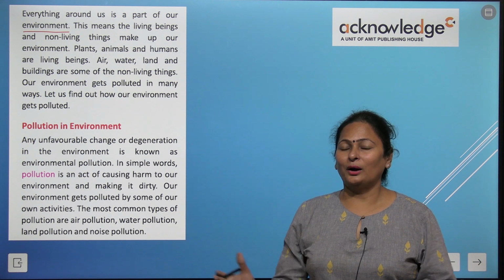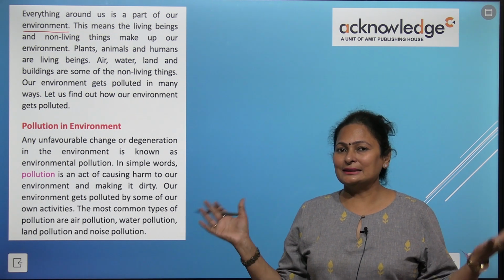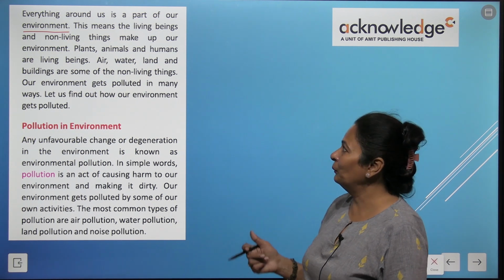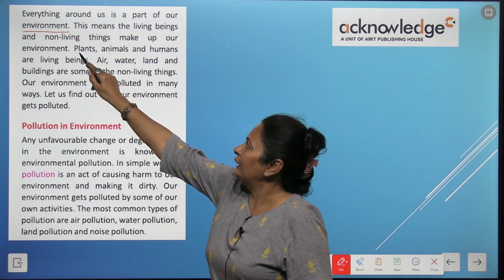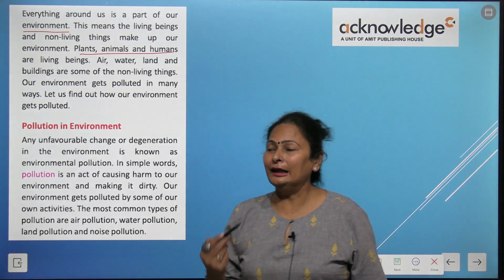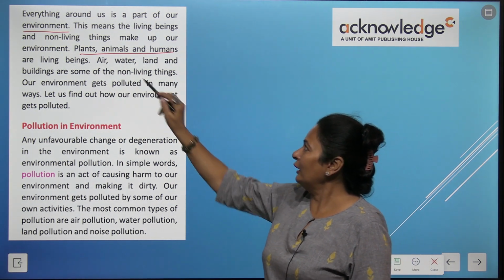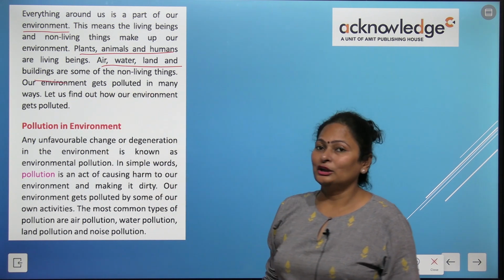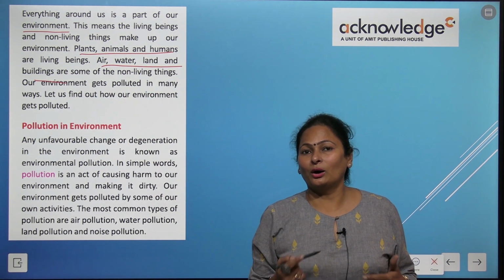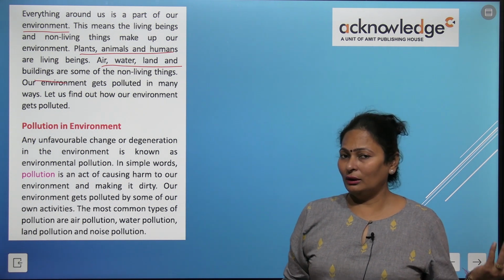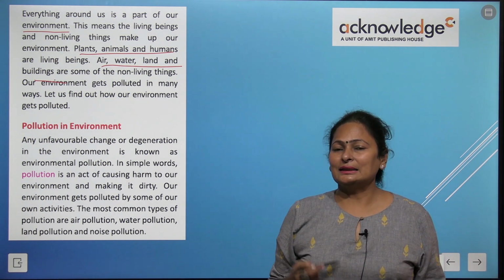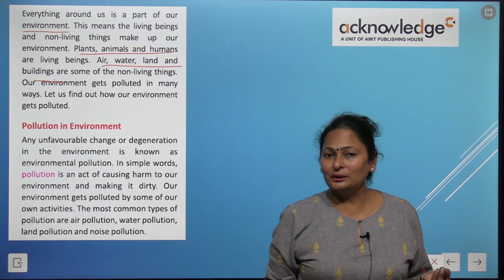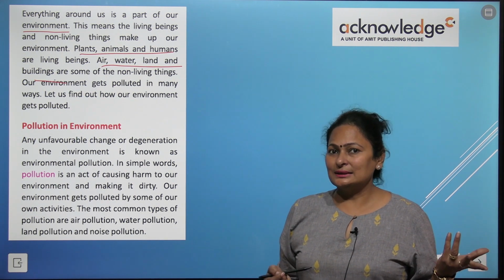So our environment is surrounded with living and non-living things both. Plants, animals and humans are living beings. Air, water, land and buildings are non-living things. Non-living things can be natural or man-made. Natural means like air, soil, mountains, rivers, clouds, sun, moon.